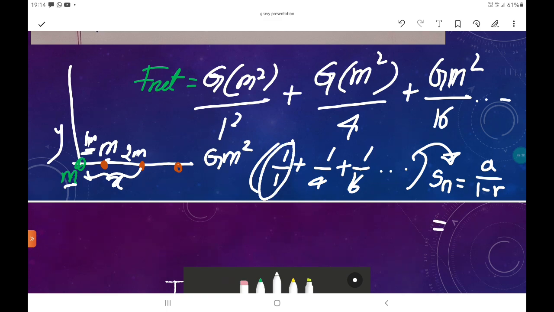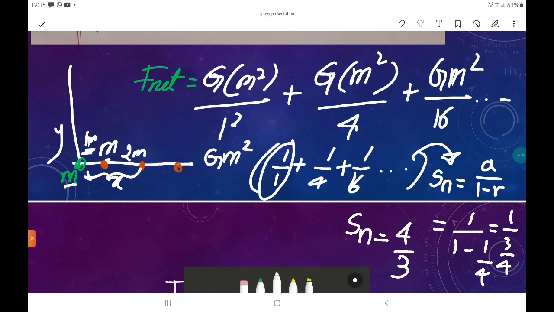Here the first number is 1 by 1, that is 1. And r is the common ratio. What is the common ratio? 1 by 4 itself. So 1 by 1 minus 1 by 4, that is equal to 1 by 3 by 4. So the net sum comes to be 4 by 3.